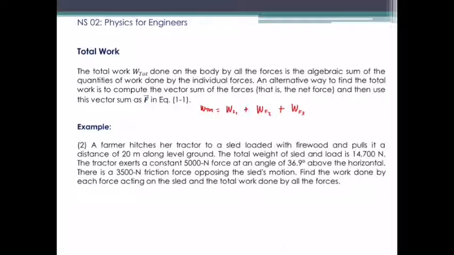An alternative way to find the total work is to compute the vector sum of the forces.